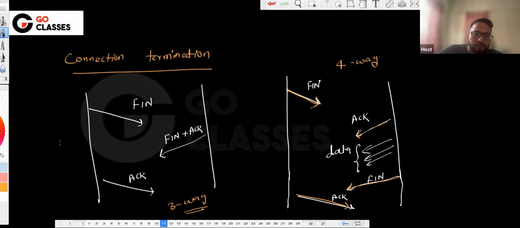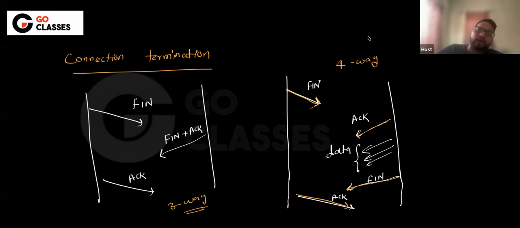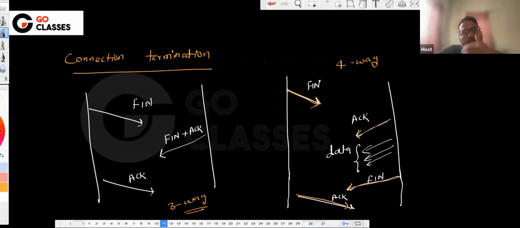Okay, so what is the doubt? The client already terminated, so how does the ACK have data to send in the last? No, client terminate means that I'm not ready to send any data. It doesn't mean that I cannot send the acknowledgement. Obviously, the acknowledgement it has to send. It just means that now I will not be sending the data.